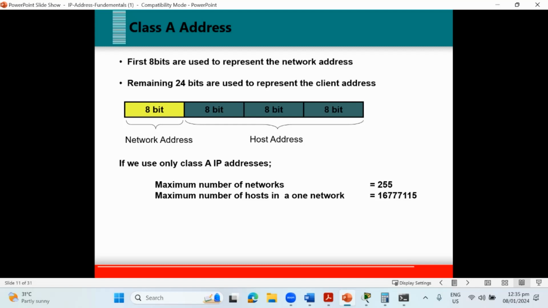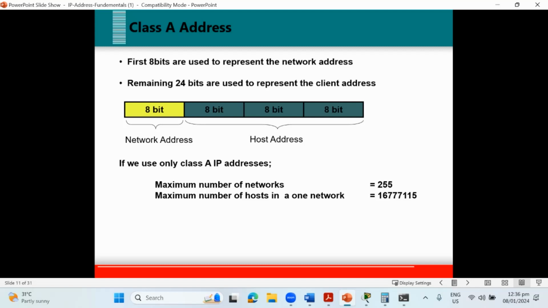Kada isang group or kada isang network, meron siyang 16 million PC or 16 million hosts per group. Kung meron kang 255 group na 16 million, ilang yon, to infinity and beyond. Napakadami. So, ang class A, ginagamit siya for wide area network or WAN.